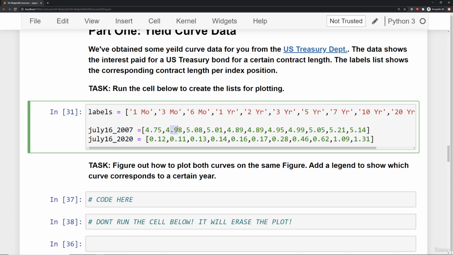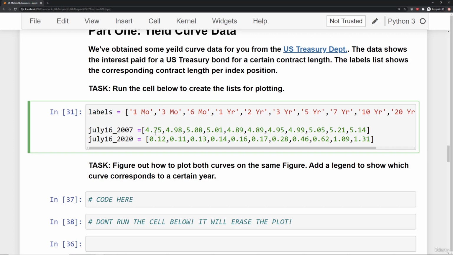And the order matches up with the labels here. For the 1-month interest rate in July 16th, 2007, it was 4.75%. For July 16, 2020, the 1-month interest rate was 0.12%, and so on. So you can see here that you have the interest rates and their corresponding labels. These are all the same length.